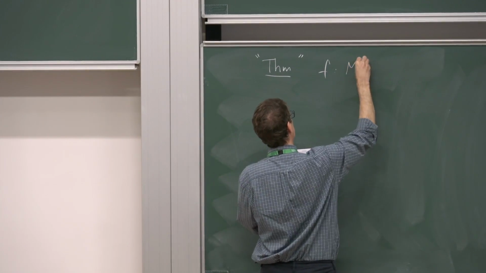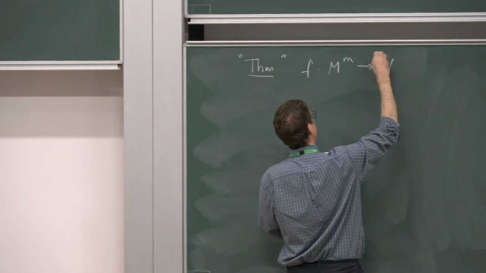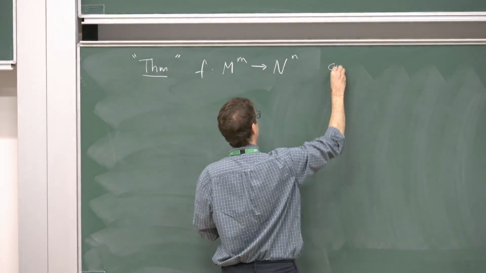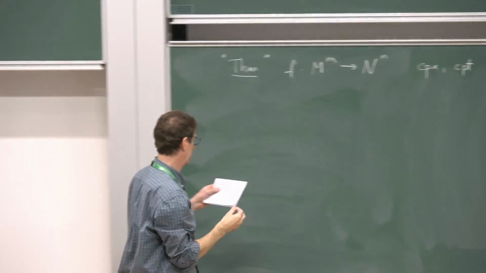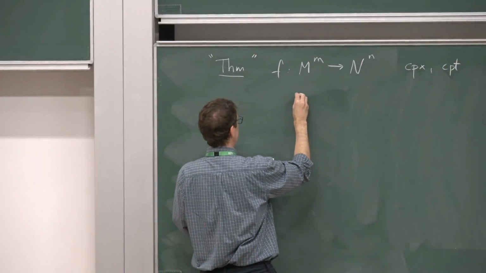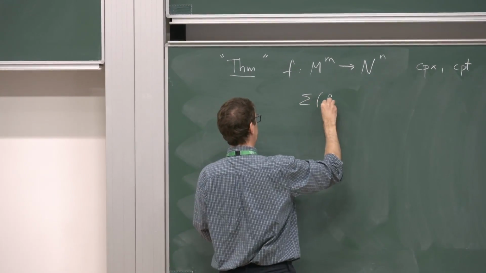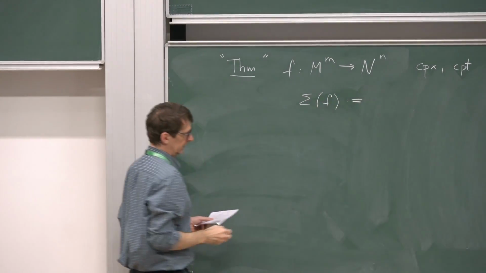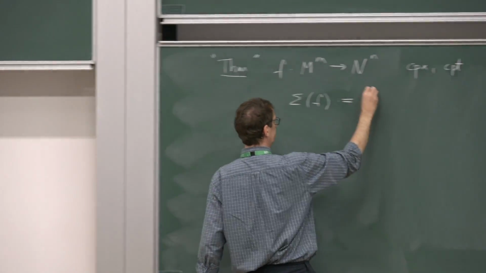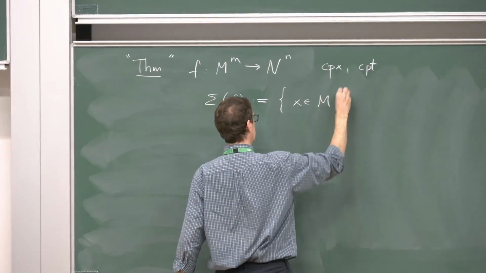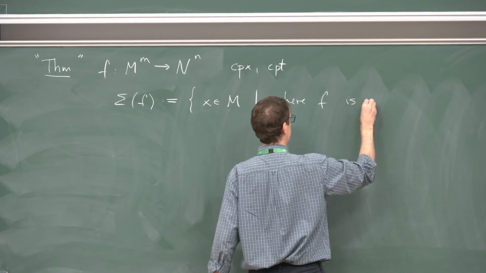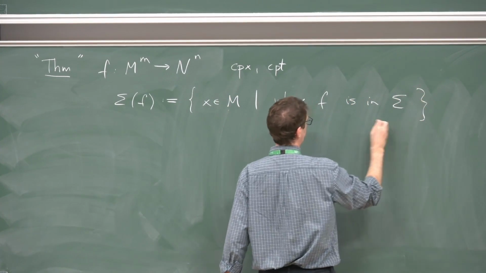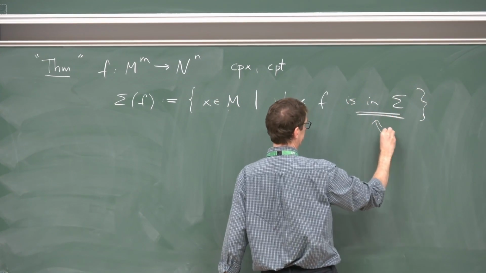If f is a map from an n-dimensional manifold to an n-dimensional manifold, complex, compact, and holomorphic map, then the claim is that you can define sigma of this map as those points in the source where f is in sigma. And the point is that this makes sense.